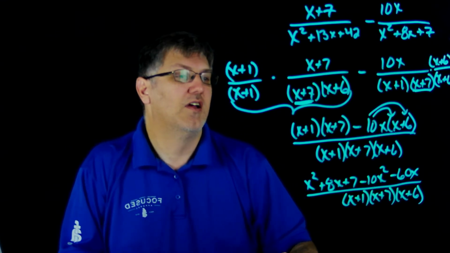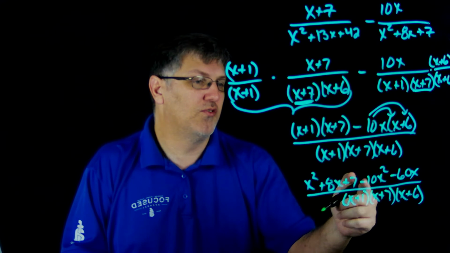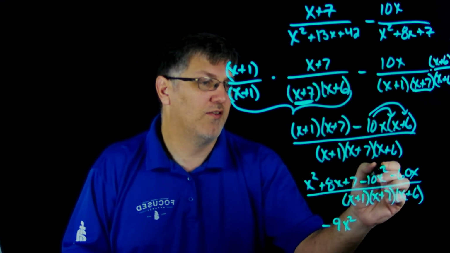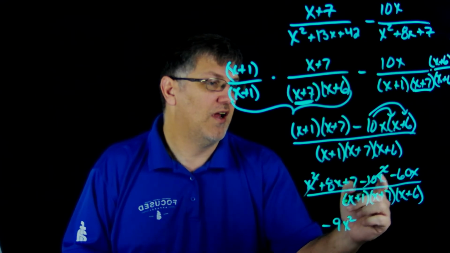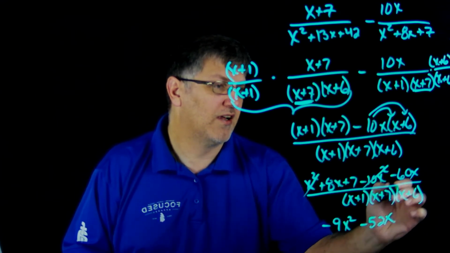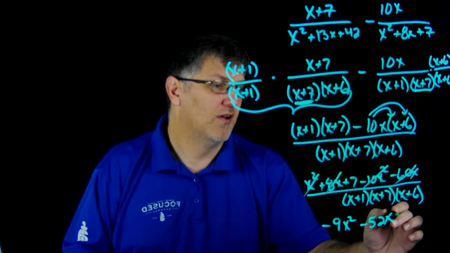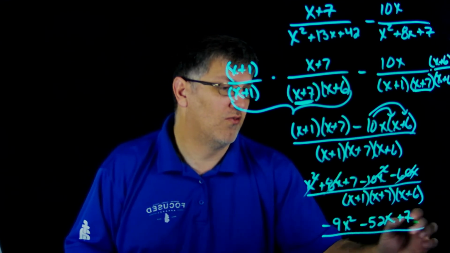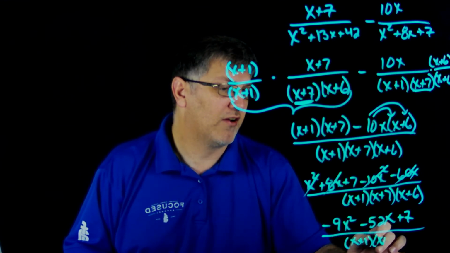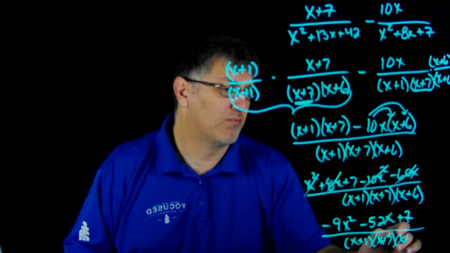All right. Now, combine like terms. I'm going to get a negative 9x squared. That takes care of these. I have a negative 52x. That takes care of these. Plus 7, all over the same denominator, which is x plus 1, x plus 7, and x plus 6.